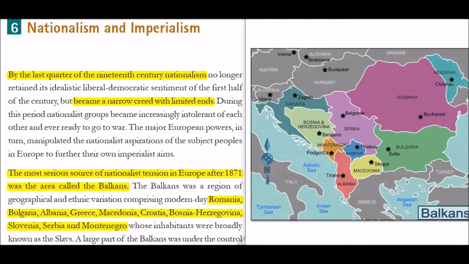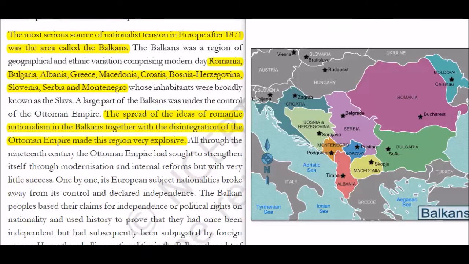The most serious source of nationalist tension in Europe after 1871 was the area called the Balkans. It was a region of geographical and ethnic variation comprising modern-day countries such as Romania, Bulgaria, Albania, Greece, Macedonia, Croatia, Bosnia-Herzegovina, Slovenia, Serbia, and Montenegro.